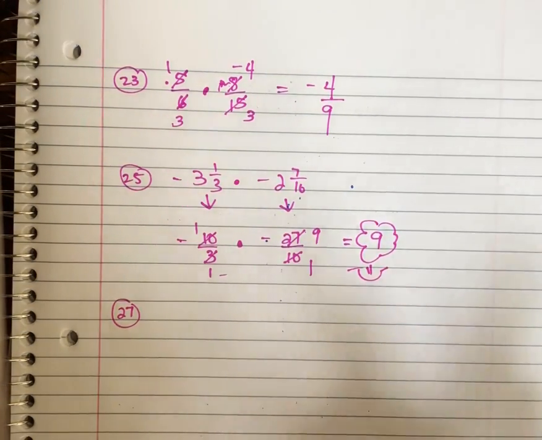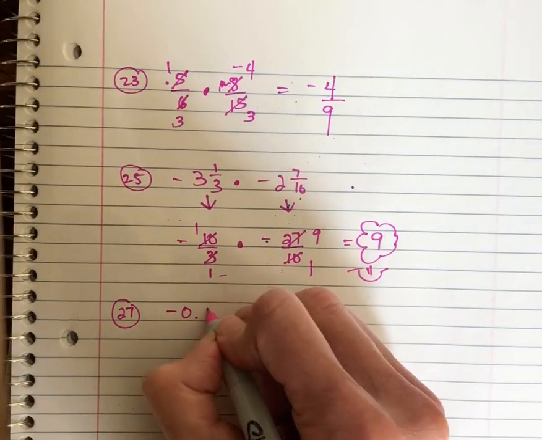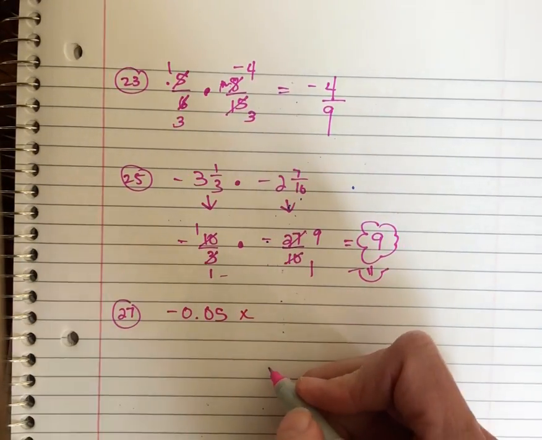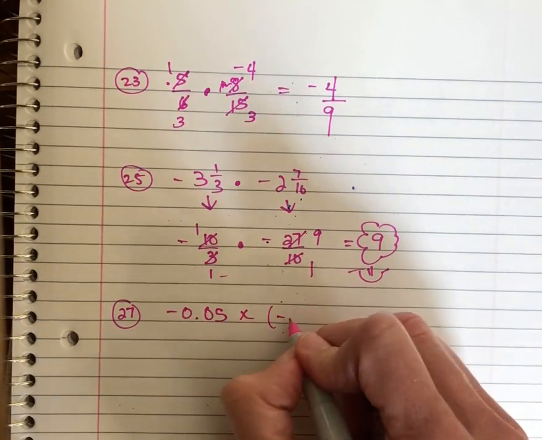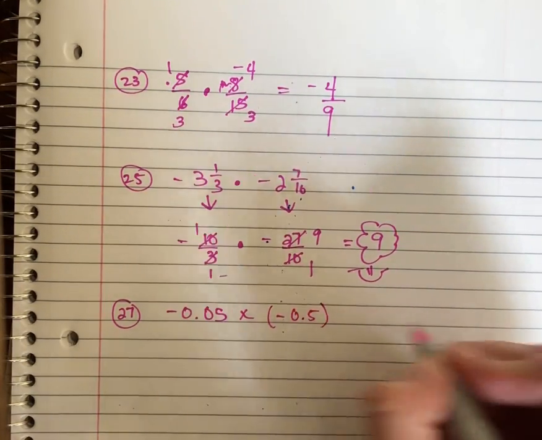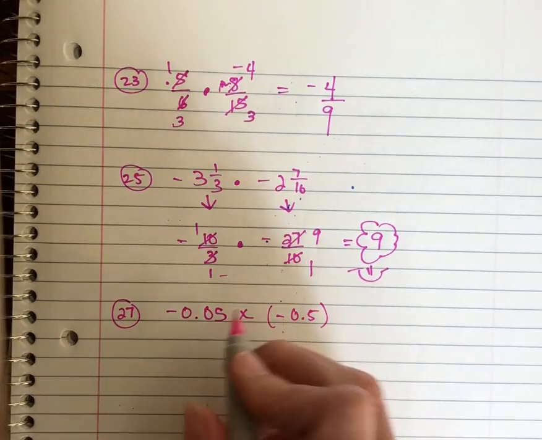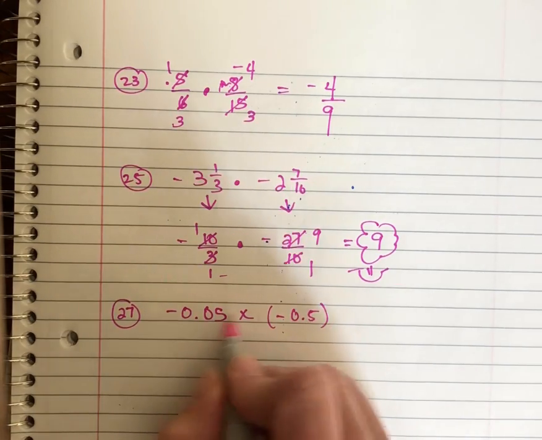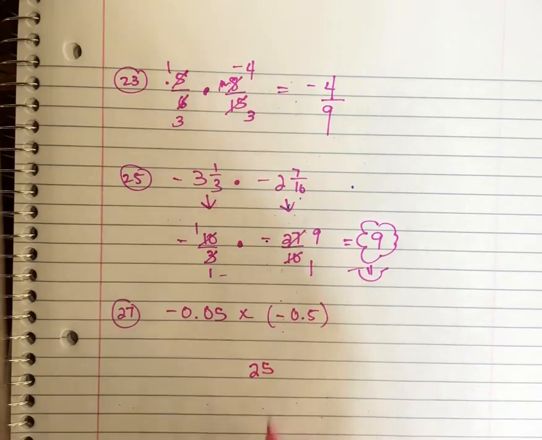27. This is going to be not too bad. 5 thousandths times 5/100ths, and both of those are negative. So you can set up multiplication if you would like, but I notice here the only values I'm really multiplying are 5 and 5. 5 times 5 is 25, and then we just need to figure out where the decimal point goes.